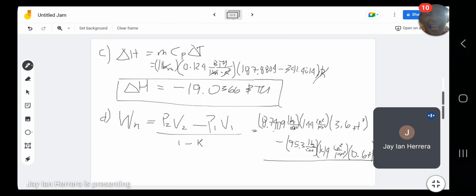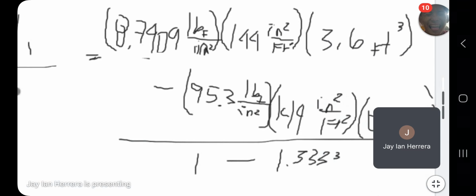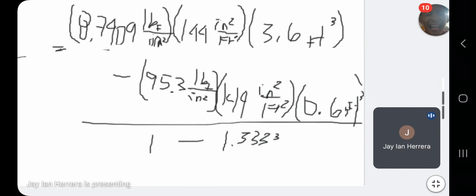All of this is all over 1 minus 1.33333. And then this is our work in flow.